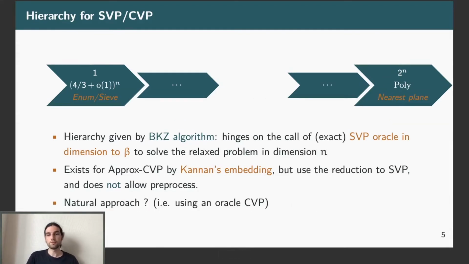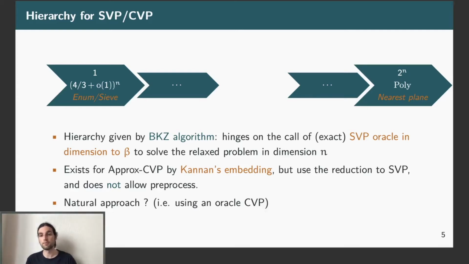And what we want to have would be a natural approach to the problem which looks similar to the BKZ approach. That means that we would like to solve CVP by calling multiple instances of CVP in smaller dimension. So if we take back this hierarchy I drew earlier, but for CVP this time, what we have currently is that on the one hand, we can solve exactly the closest vector problem using enumeration or sieving, and it costs exponential time.